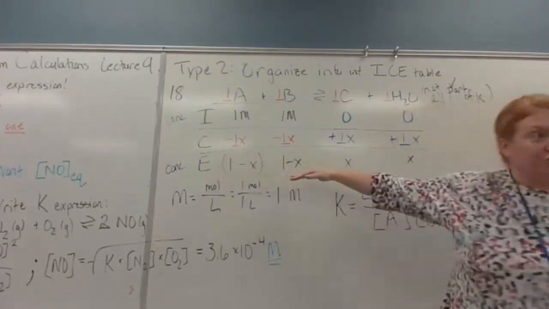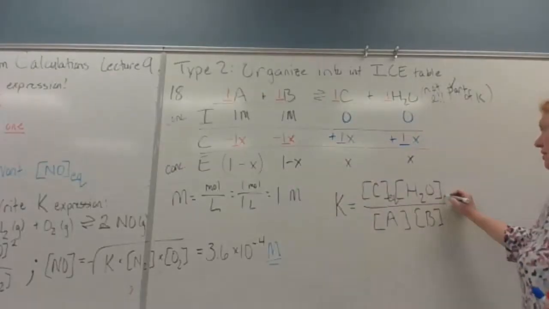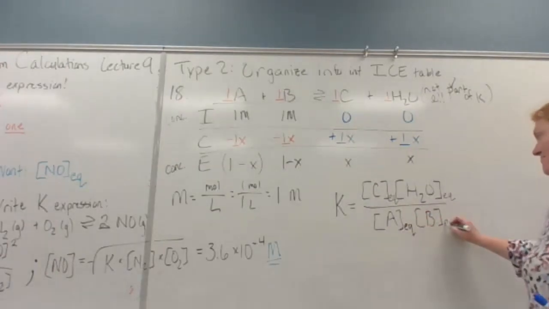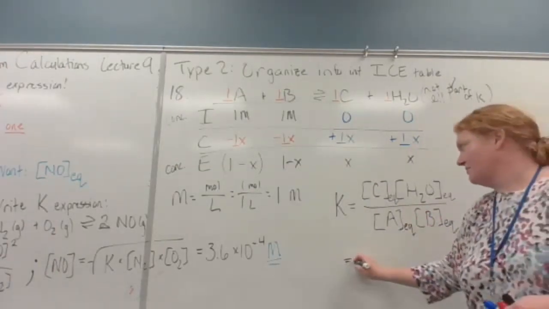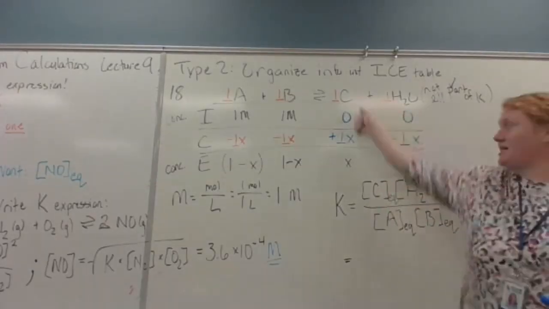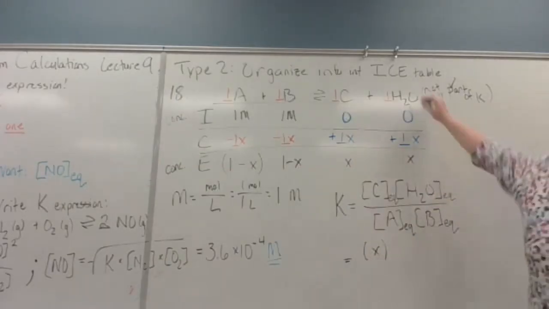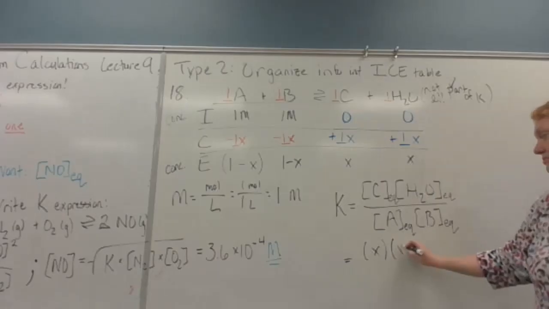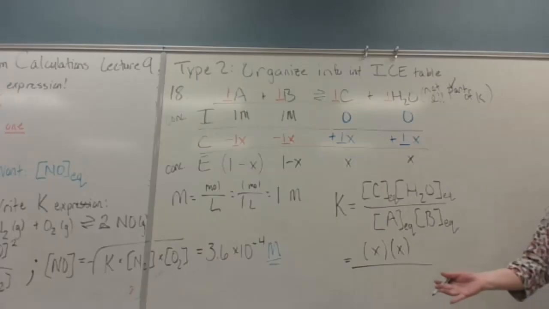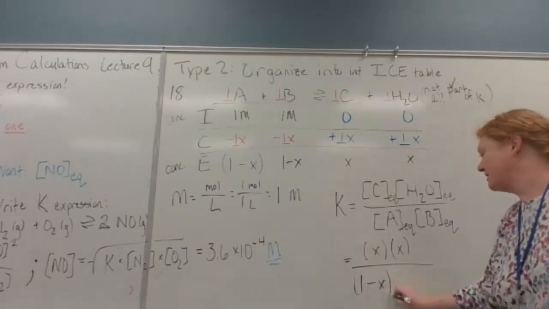These algebraic expressions represent the equilibrium concentration of all 4 of these, right? The algebra term. What's on the top? C at equilibrium is an X. Water at equilibrium is also an X. A and B at equilibrium are also both 1 minus X.